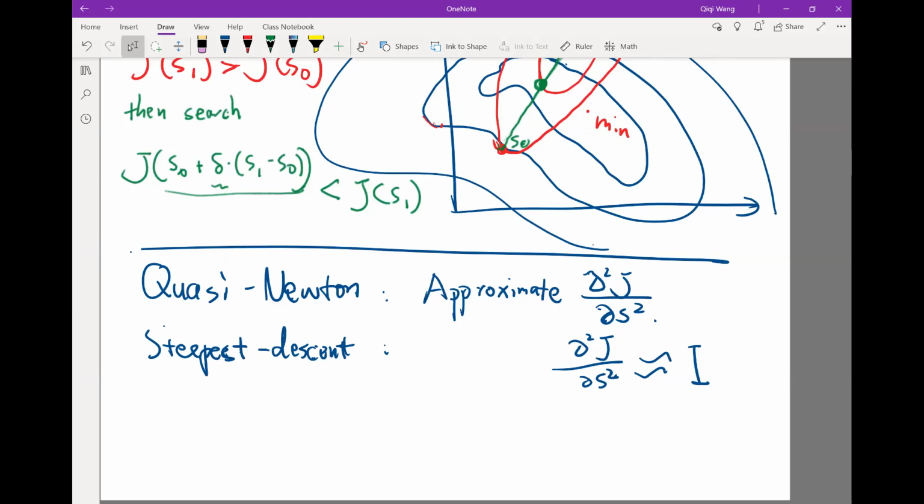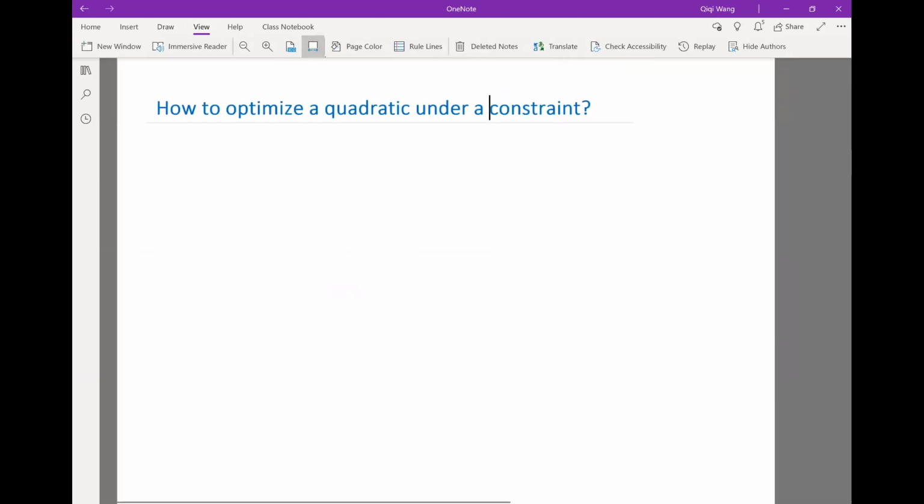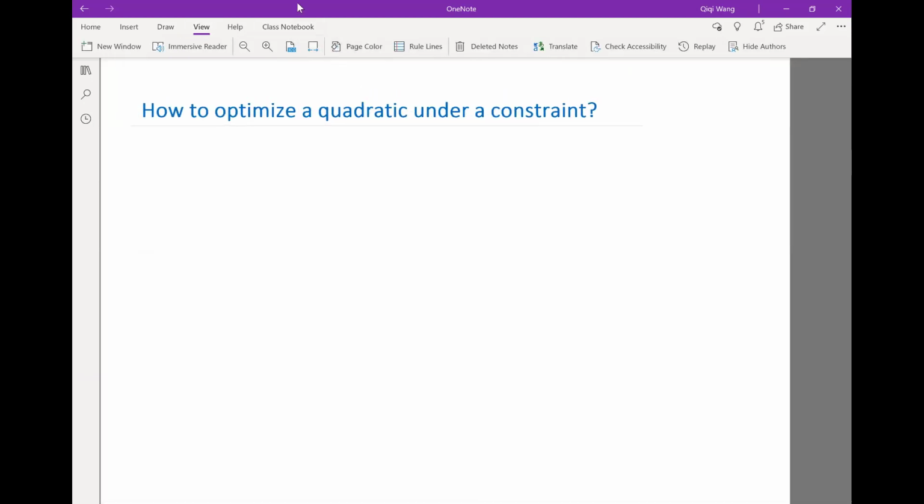All right. Okay, so this is a general overview of what we call unconstrained optimization methods. One of the very important things in engineering is constraints when dealing with a lot of the optimization problems.